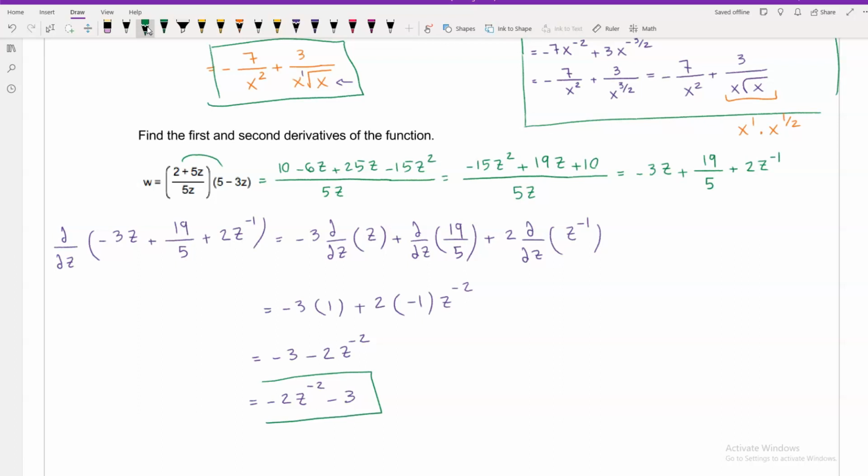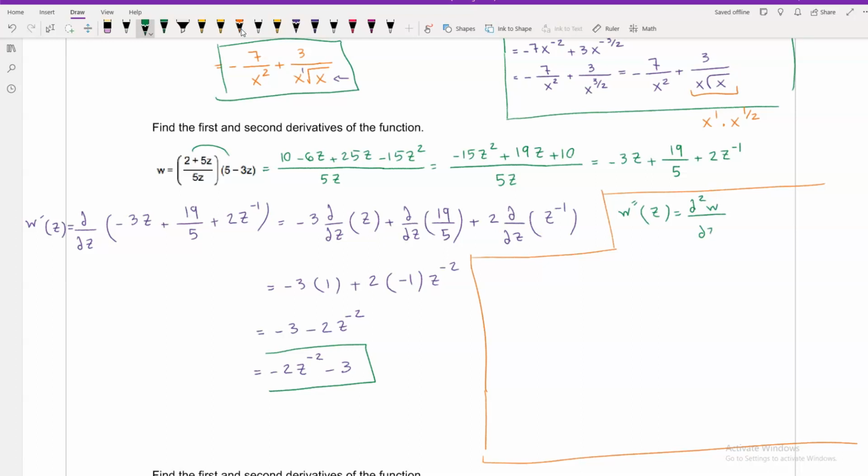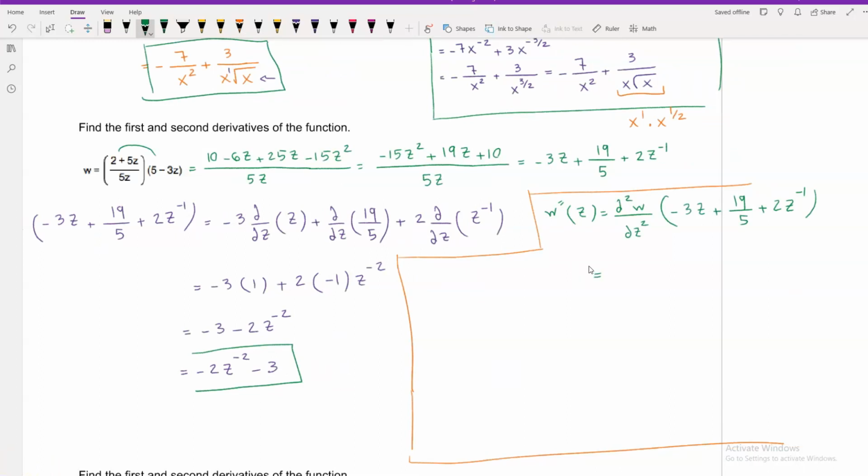Now we have to find second derivative. So now our second derivative is equal to derivative of what we had here for first derivative.